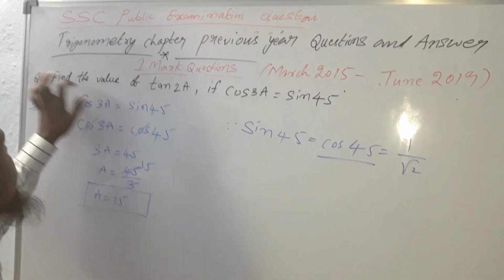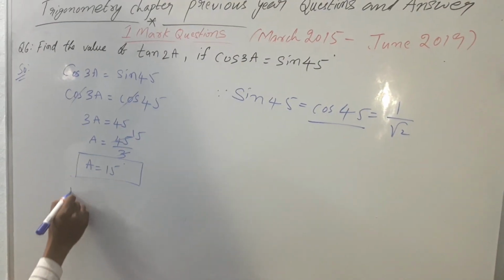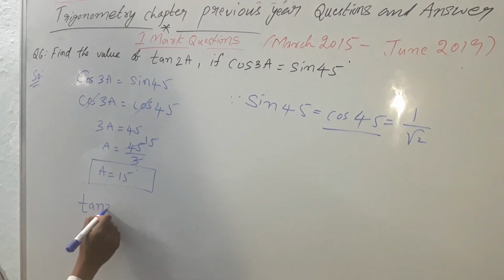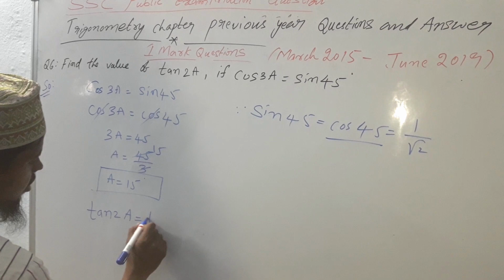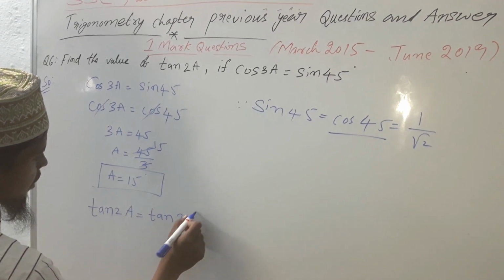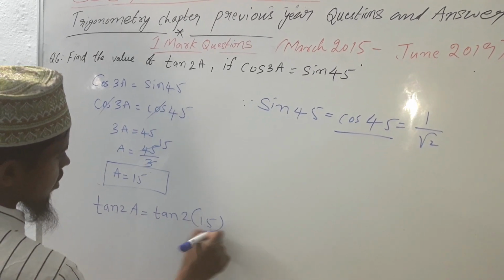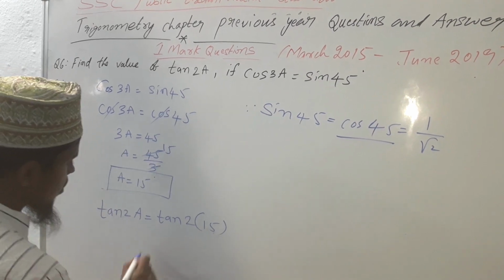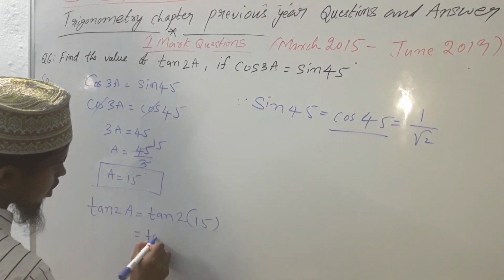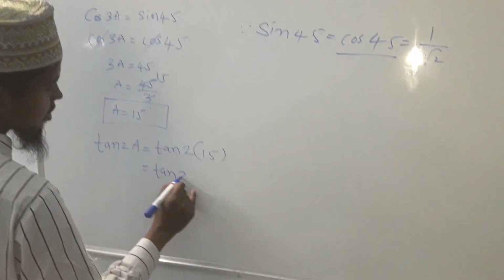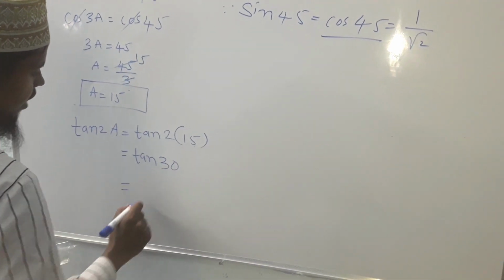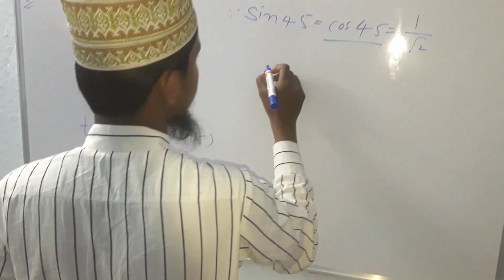What the problem is asking is to find the value of tan 2a. Tan 2 into 15, in place of a, is tan 30.